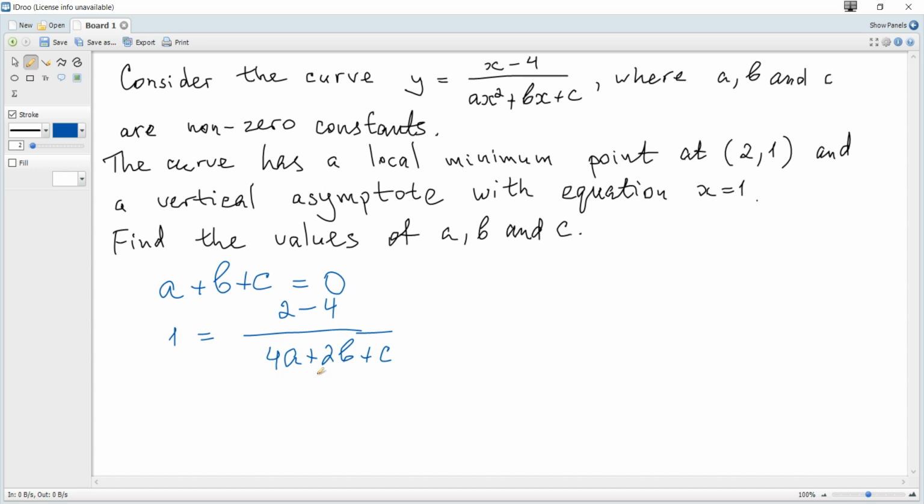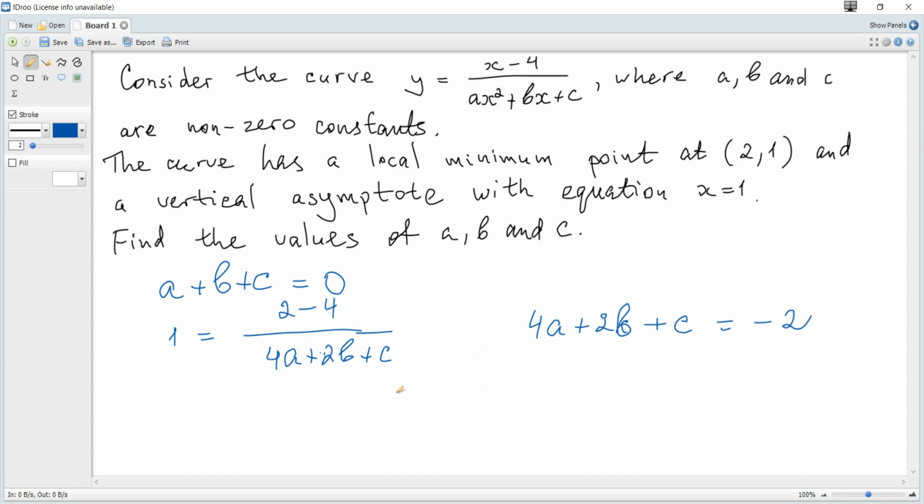Rearrange, move it to the left. It's a proportion, you may do a cross multiplication or any method, so it becomes 4a plus 2b plus c is negative 2 divided by 1, so just negative 2.